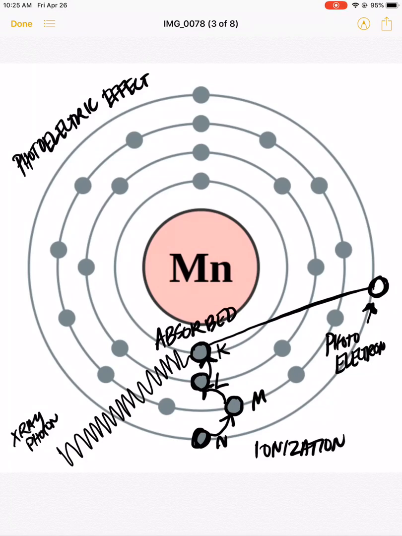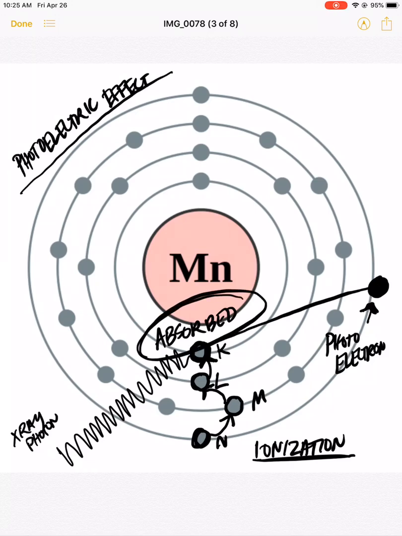And that's what's occurring here, because this K electron is getting ejected out. So this process is called ionization. And this is called the photoelectron. This is the photoelectric effect, and it's when the X-ray photon is absorbed.